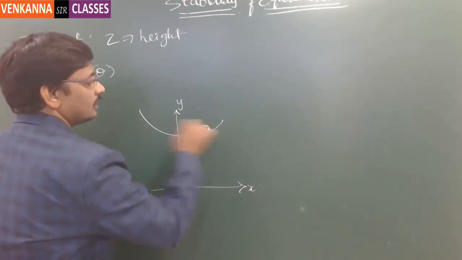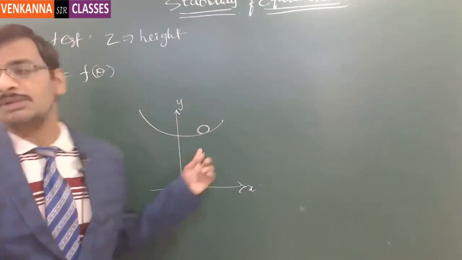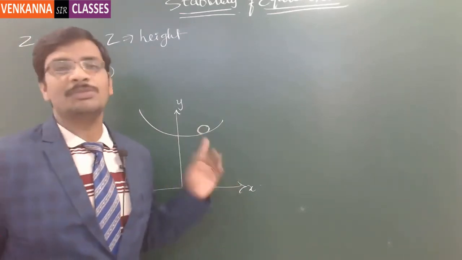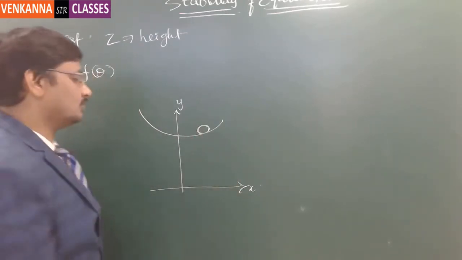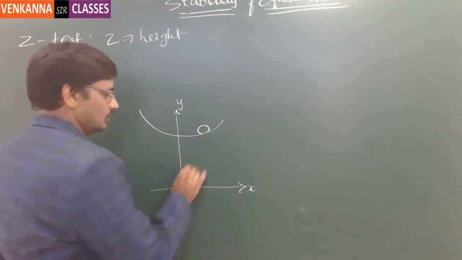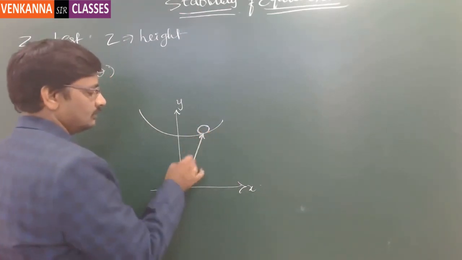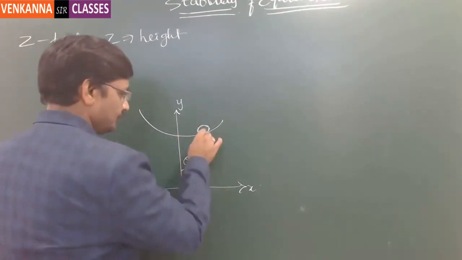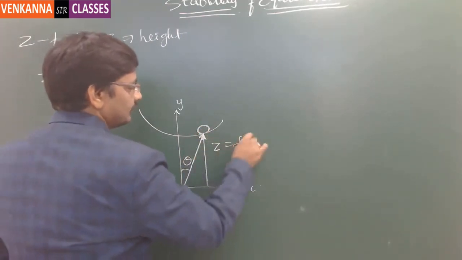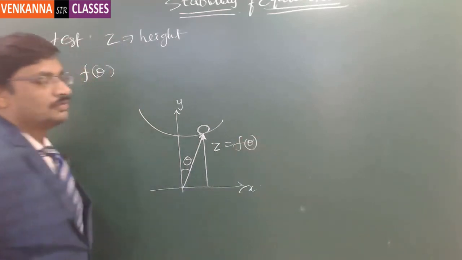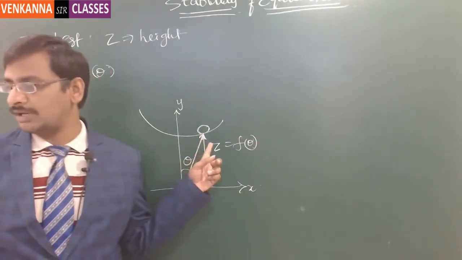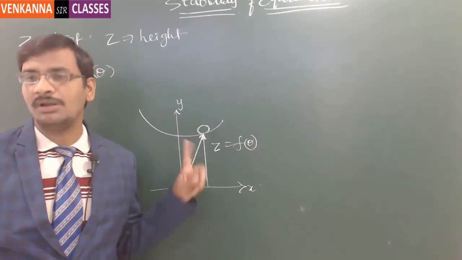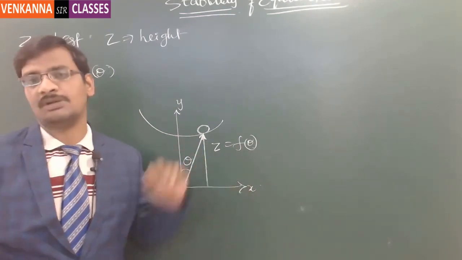I want to identify whether the body is in a stable condition, or whether the equilibrium is stable or not. For that, if I draw a line like this, it makes an angle of theta, and the height Z is a function of theta. If you make a small angular change of theta, then whether Z is stable or not, we are going to assess based on this function.